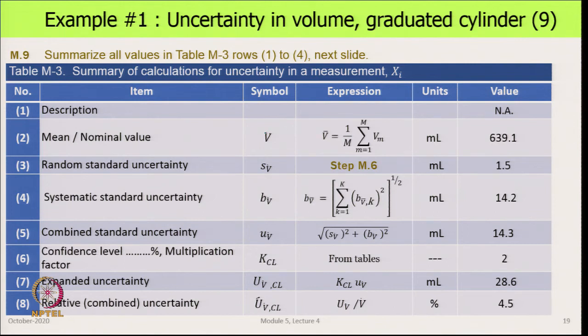So, this is our mean value V bar, 639.1 milliliters, the random standard uncertainty we got here as 1.5 milliliters, then systematic standard uncertainty is 14.2, combined standard uncertainty is 14.3, multiplication factor we took 2 at 95% confidence level, and expanded uncertainty at 95% confidence level 28.6, and the relative uncertainty is 4.5%.